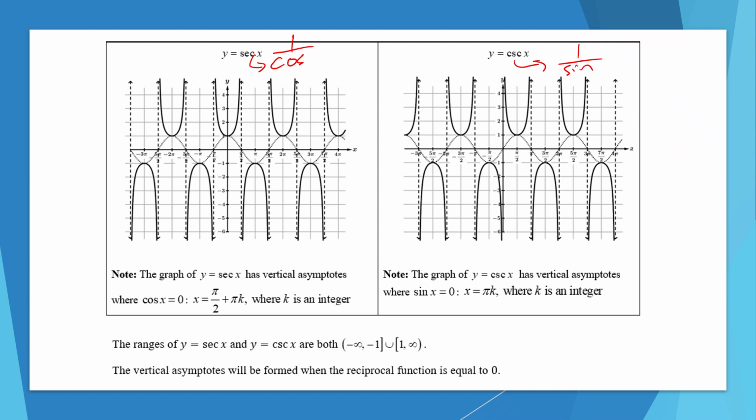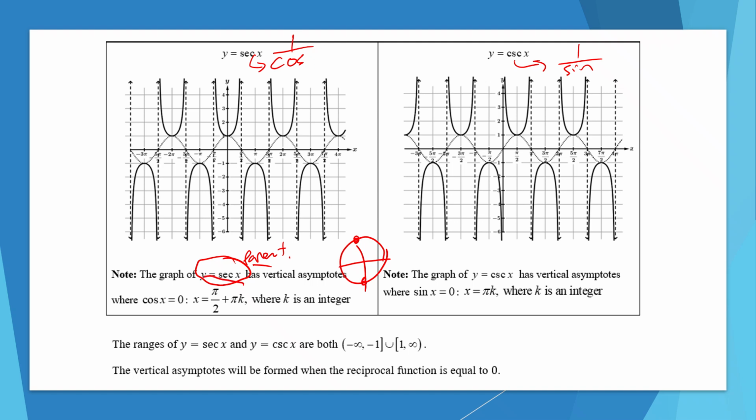Let's look at the vertical asymptotes. The graph of secant, just the parent function, is not including transformations. We'll have vertical asymptotes where cosine is equal to 0, which from the unit circle is when your x-coordinate is equal to 0, which is at pi over 2, 3 pi over 2, 5 pi over 2.